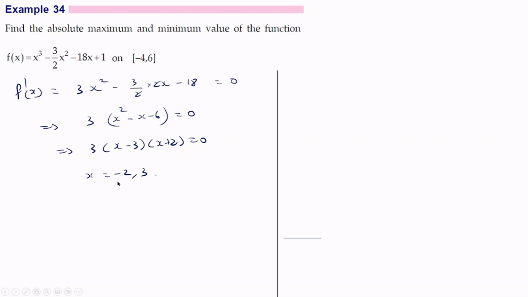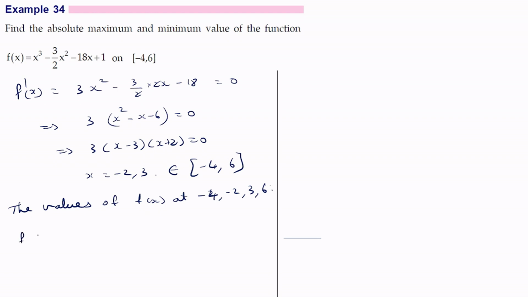The critical points should lie in this interval, and they belong to the closed interval minus 4 comma 6. Therefore we have to find the values of f of x at minus 4, minus 2, 3 and 6.